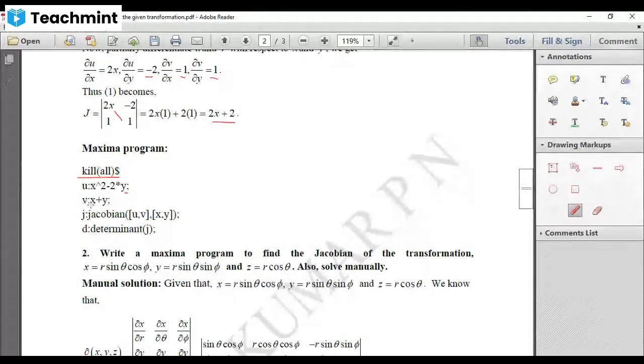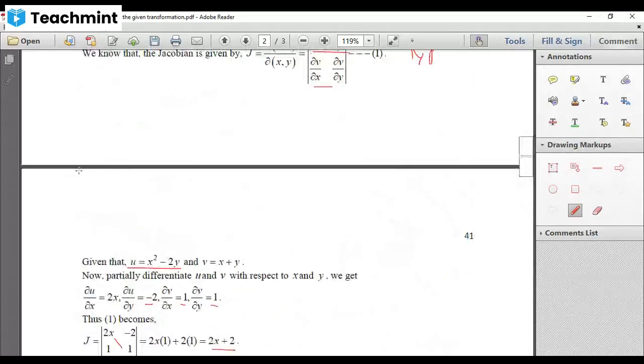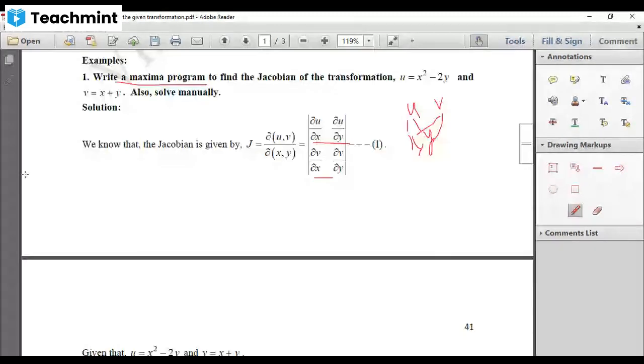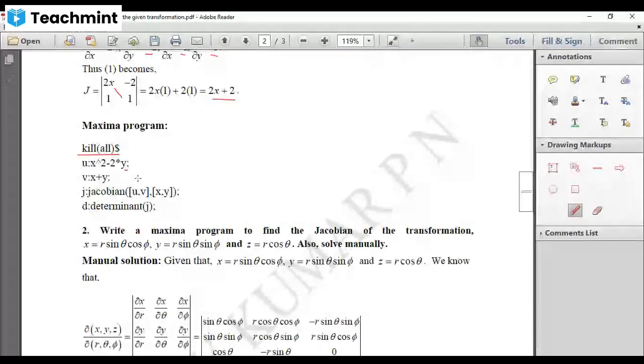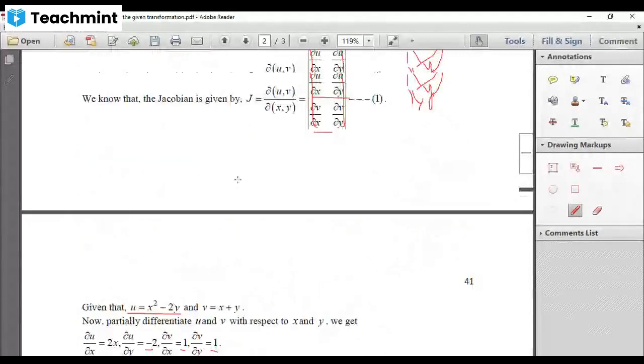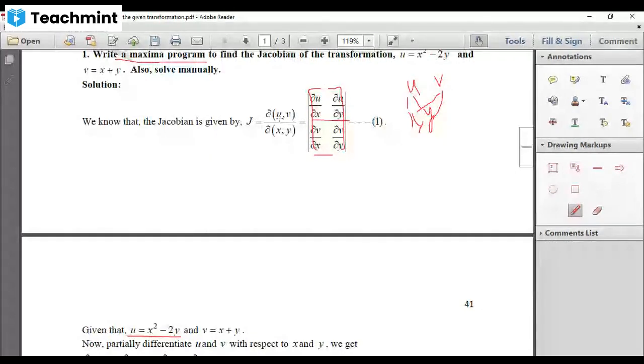v is assigned x plus y. Now let us find the Jacobian matrix first. Then we'll find the determinant of that. So for the Jacobian matrix, within simple brackets, in the first square bracket, you have to give the dependent variables. What are the dependent variables? u and v, the numerator.